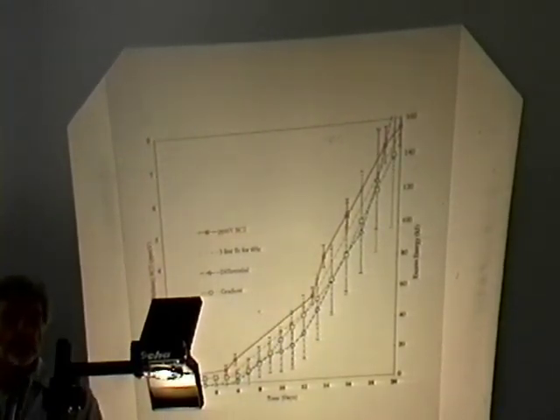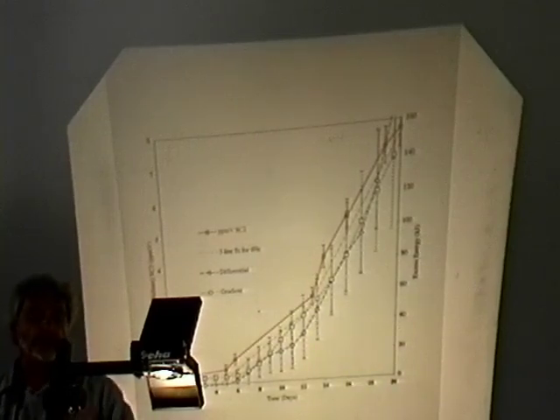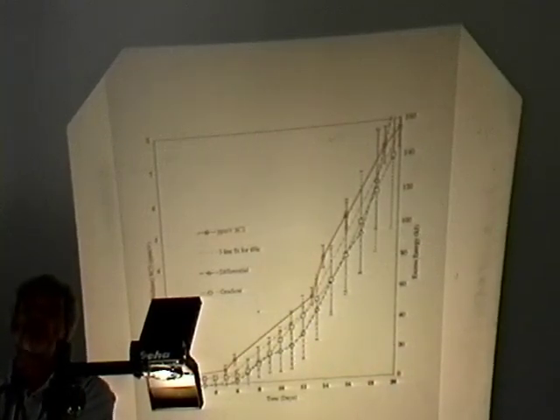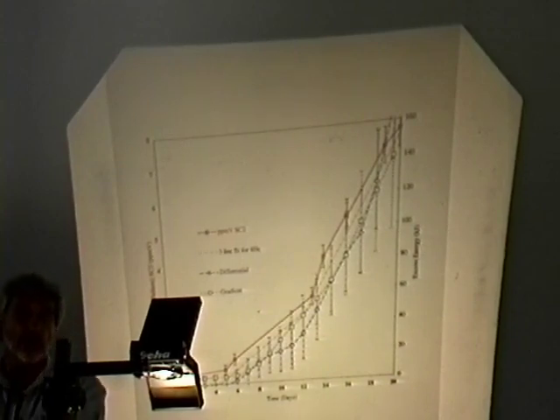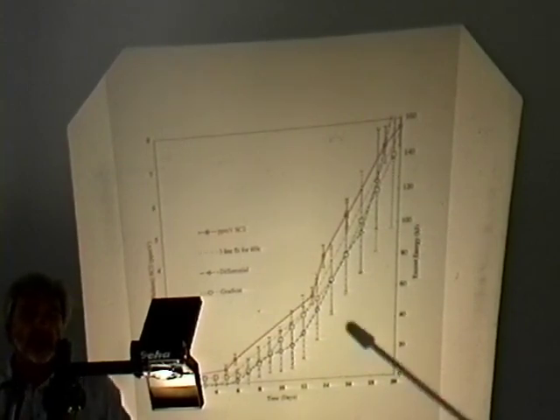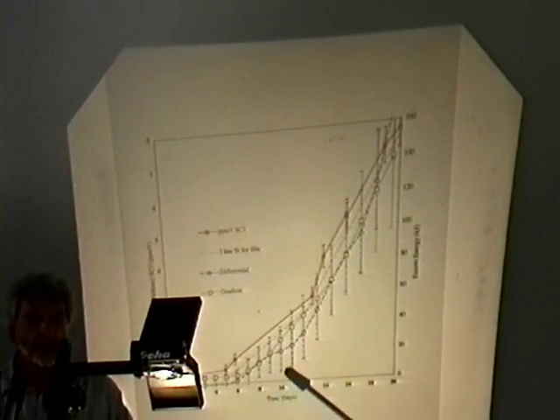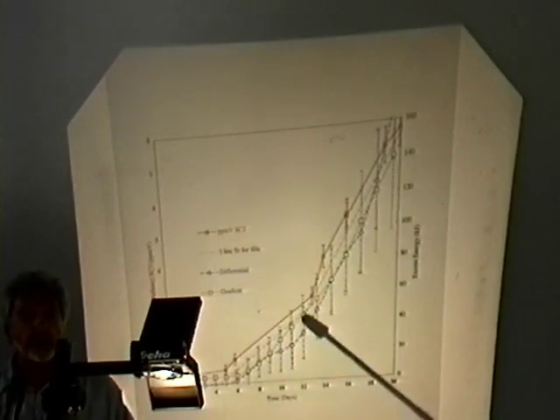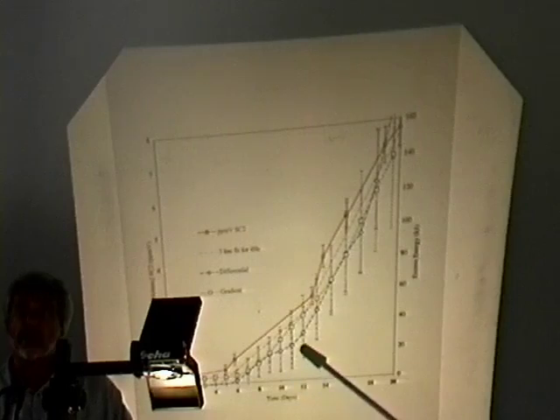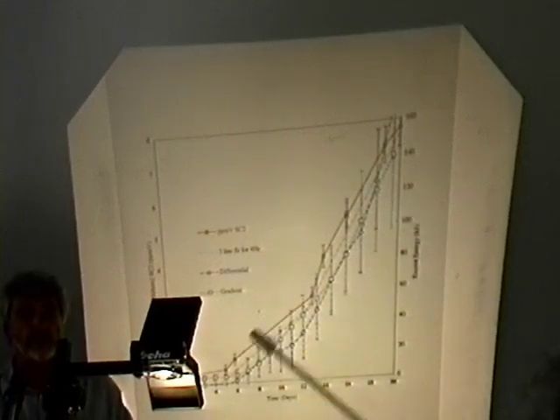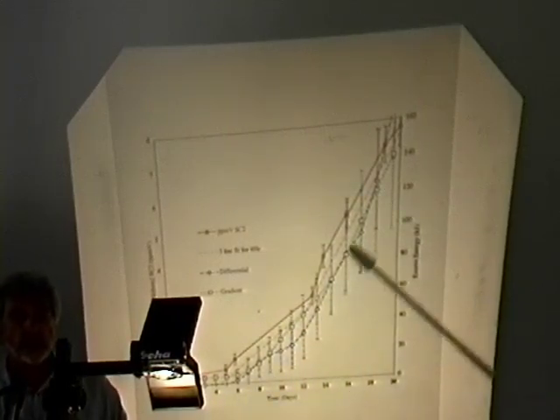And then the two curves here, the blue curve and the green curve, are the differential mode calorimeter and the gradient mode calorimeter. Two separate attempts to measure the amount of heat leaving this experiment. As you can see, both appear to correlate quite closely with the form of the helium-4 signature.